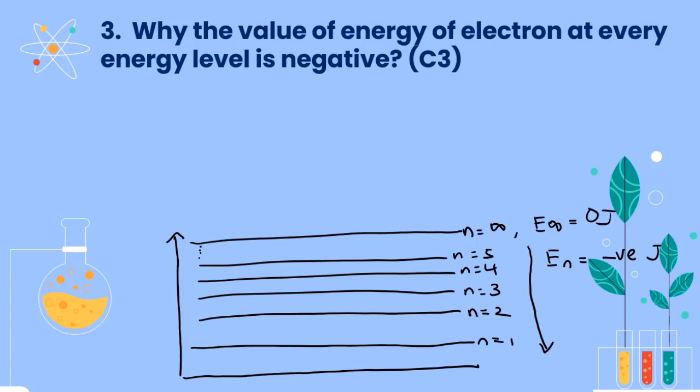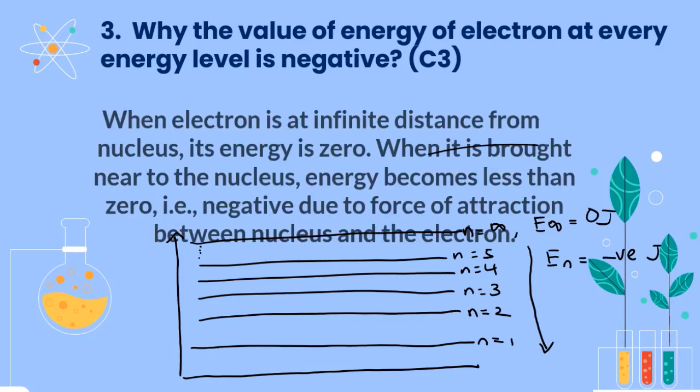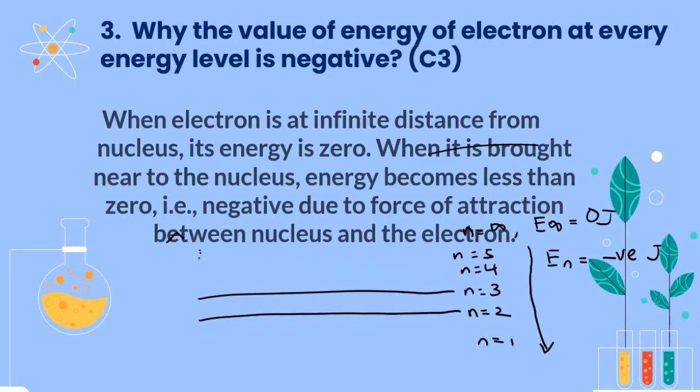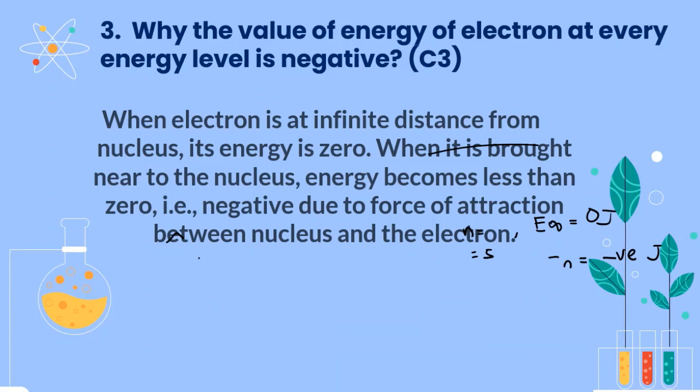So this is your answer: when the electron is at infinite distance from the nucleus, its energy is 0. When it is brought near to the nucleus, energy becomes less than 0. This is because of the force of attraction between the nucleus and the electron. So you have to write down this answer in your answer.